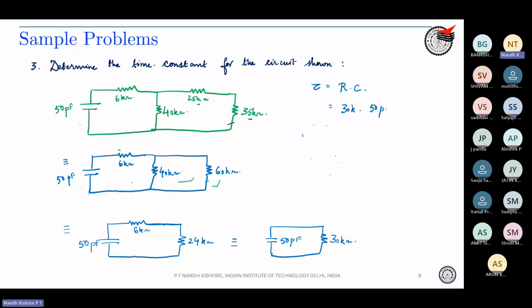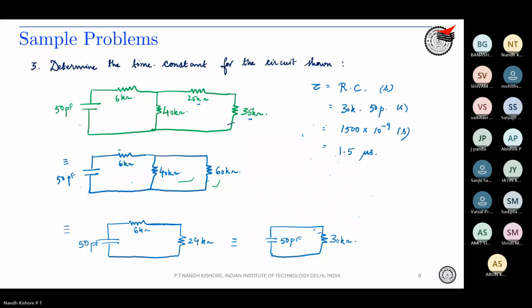What is the answer? 1500. Kilo is 10 power 3, pico is 10 power minus 12, which means 10 power minus 9, and the unit is seconds. So I can write this as 1.5 microseconds.